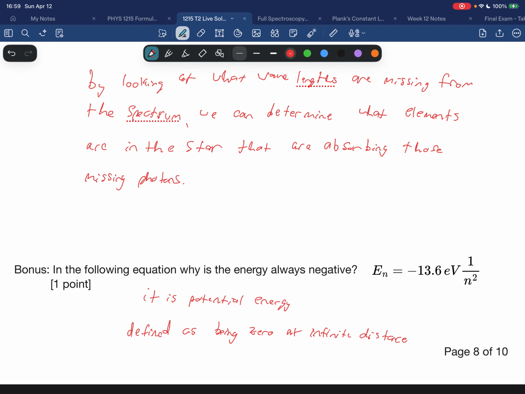It's a potential energy between the electron and the proton. So if you move them infinitely far away, then there's no more potential energy between them. It becomes zero there.